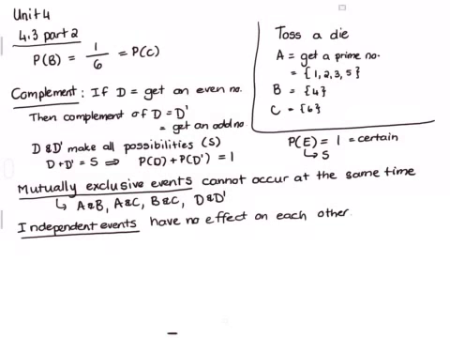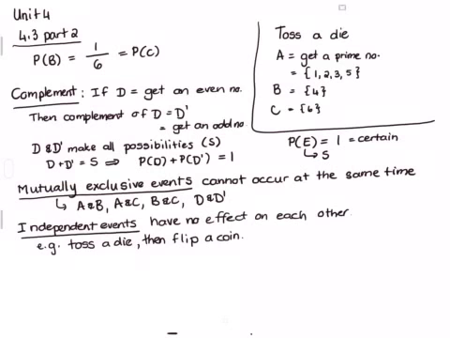So, for example, toss a die, then flip a coin. What you get from flipping a coin has no effect or no result from tossing a die.